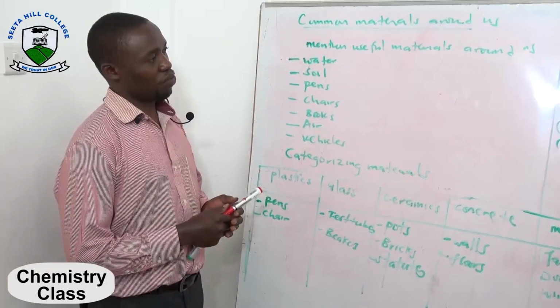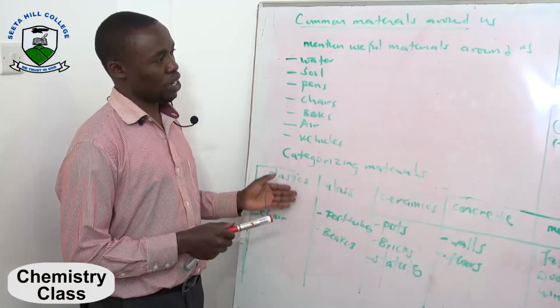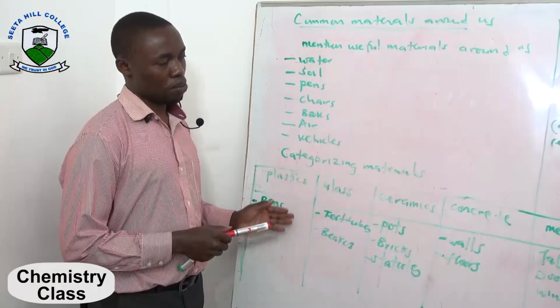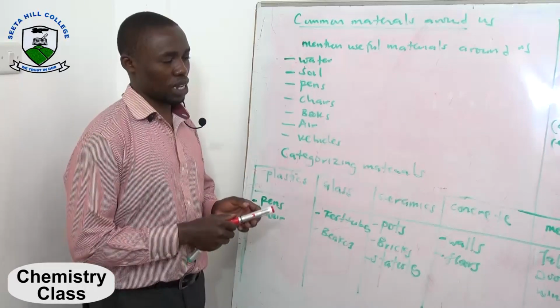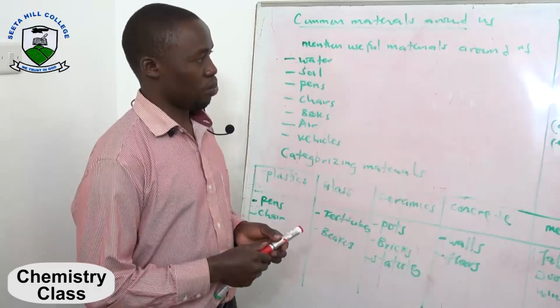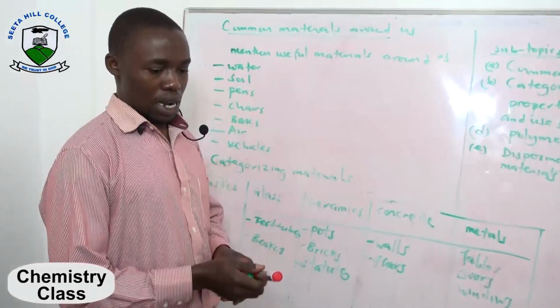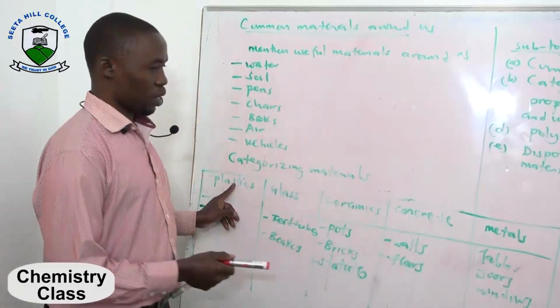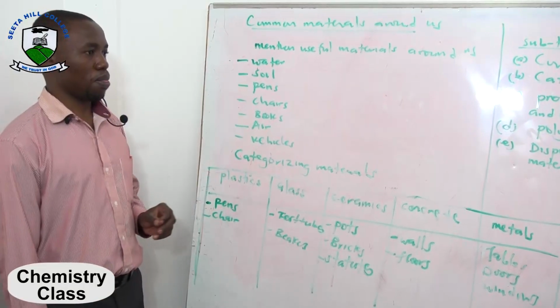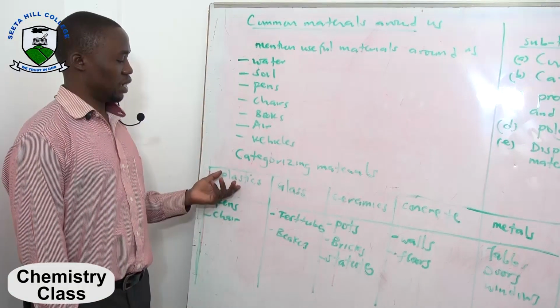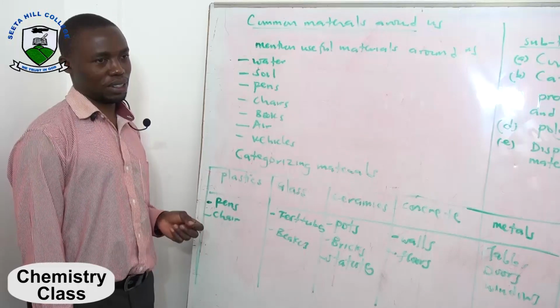Now let us shift very fast to properties of each category here. Properties of materials and their uses. Now, we are going to pick one by one. What are plastics?